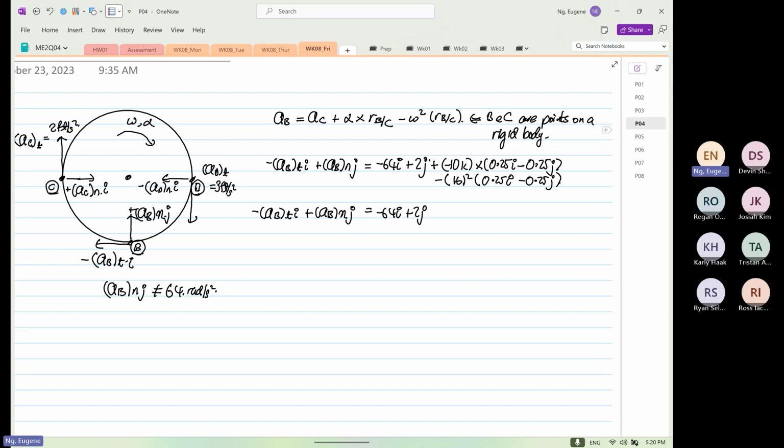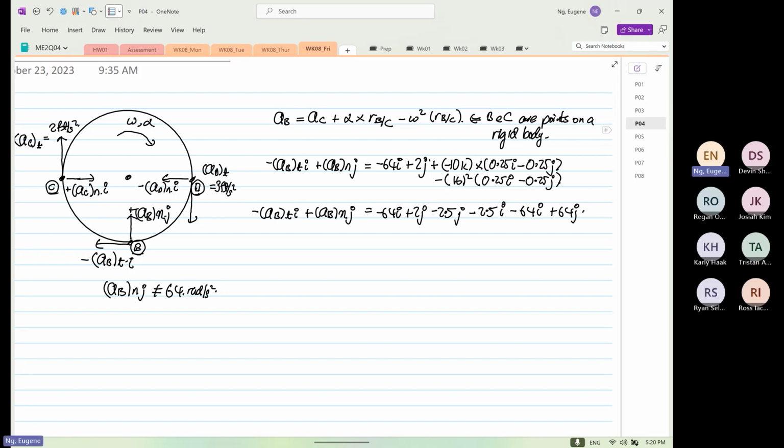So 10 times minus 2.5j. k cross j is negative, minus 2.5i. 16 times 2.5 is minus 64i plus 64j.